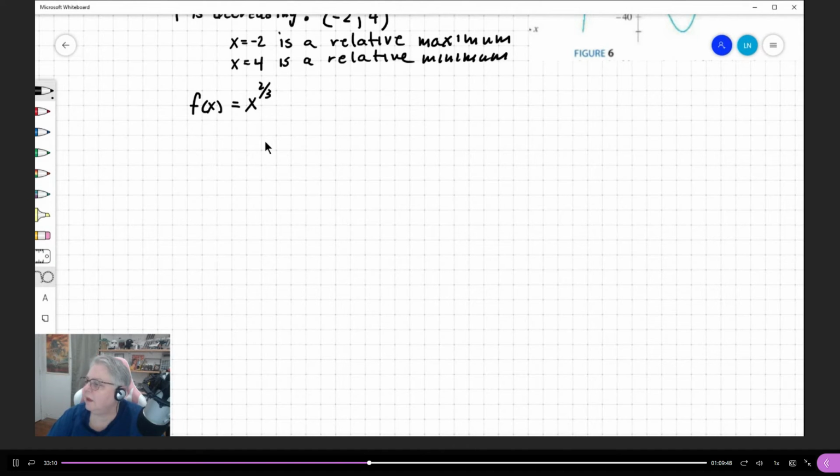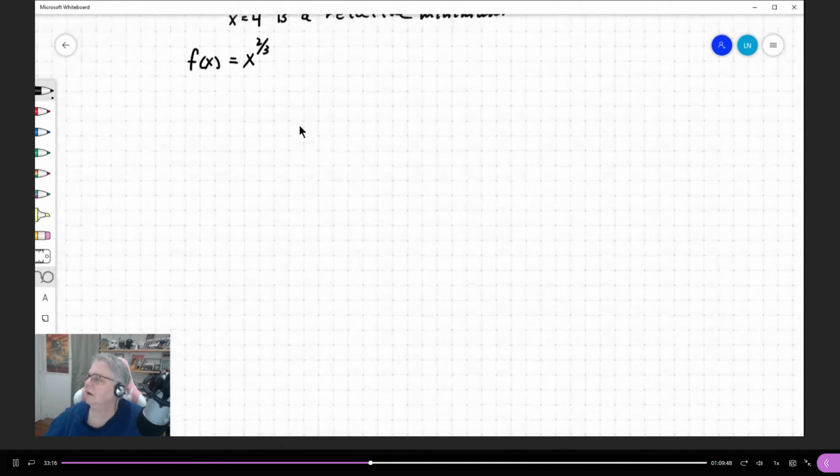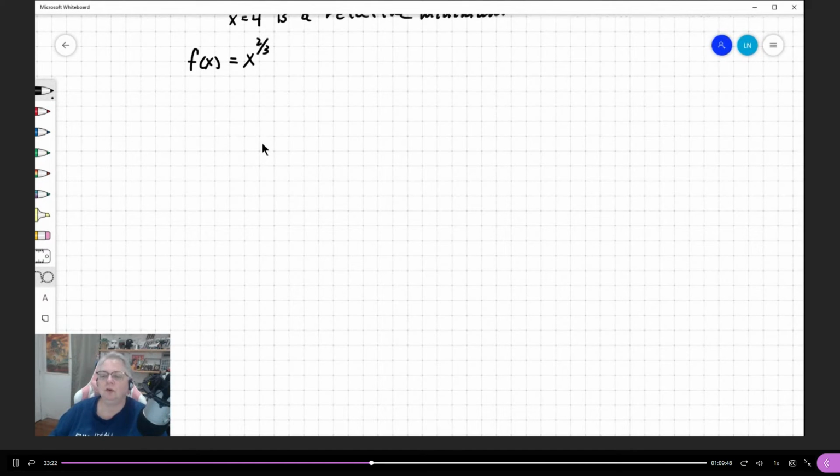Now with this function, the domain is all real numbers, right? There's nothing in there that's going to restrict the domain of the function. So I don't have to worry about any points where the function is not defined or is discontinuous.